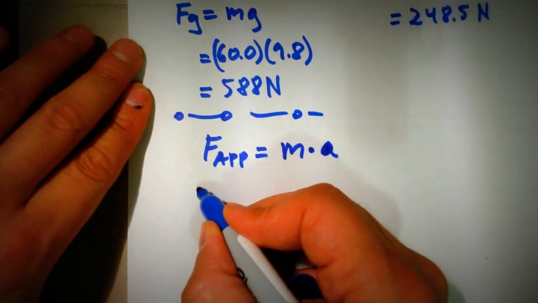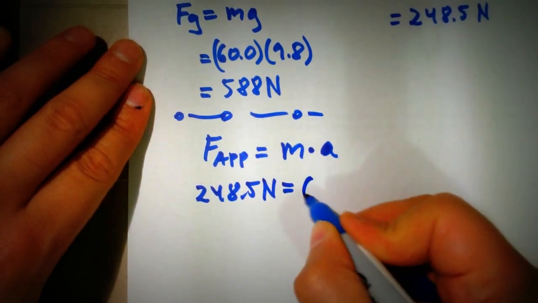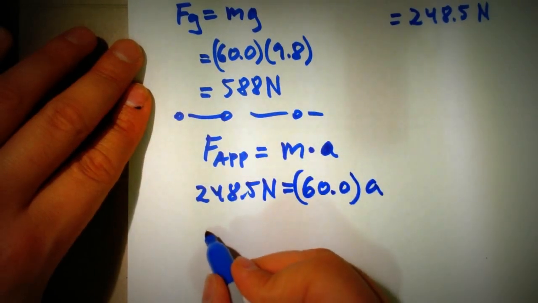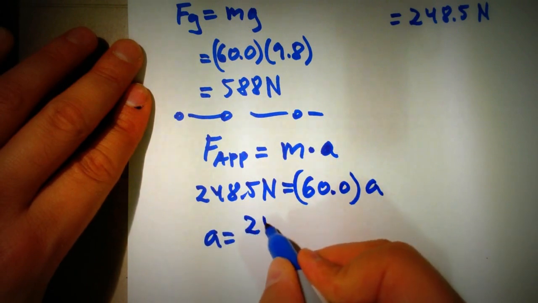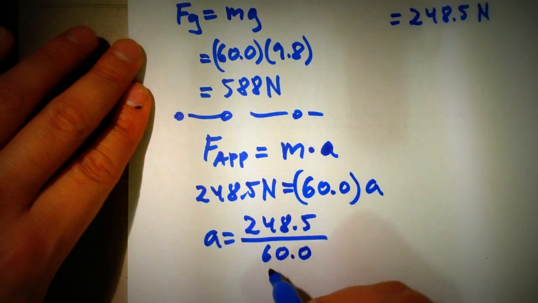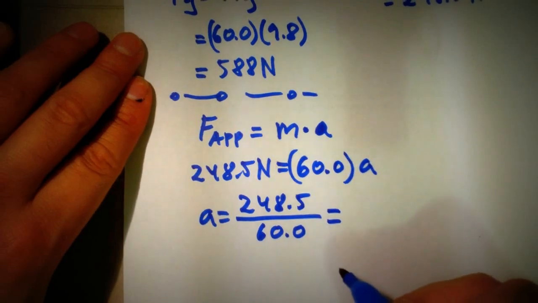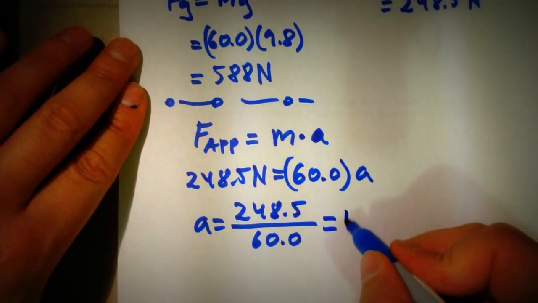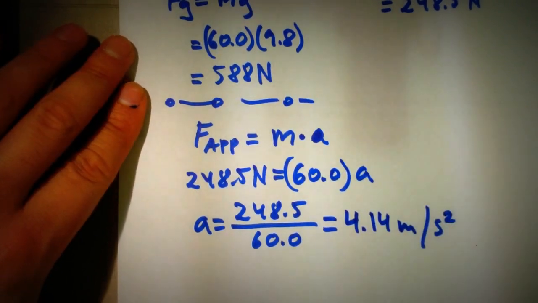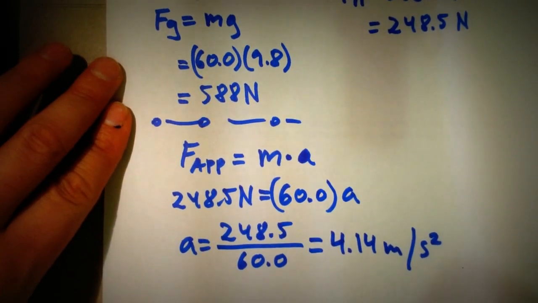So the force applied will be 248.5 newtons equals the mass of 60 kilograms times the acceleration. We solve for the acceleration, so we get 248.5 divided by 60. So our acceleration is equal to, you plug it in the calculator and you get 4.14 meters per second square. Alright, so that's our answer for part A of this problem.